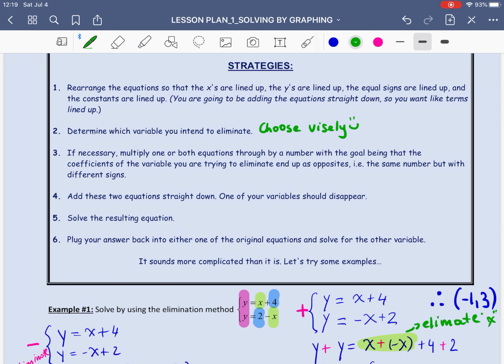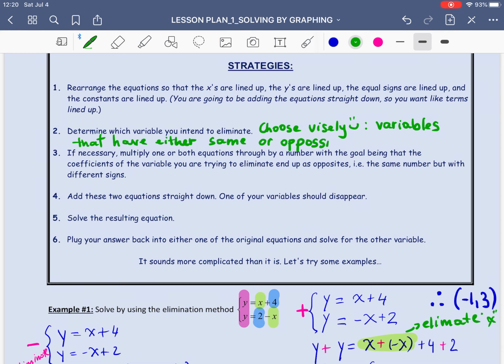So you want to eliminate variables that have either same or opposite coefficients.